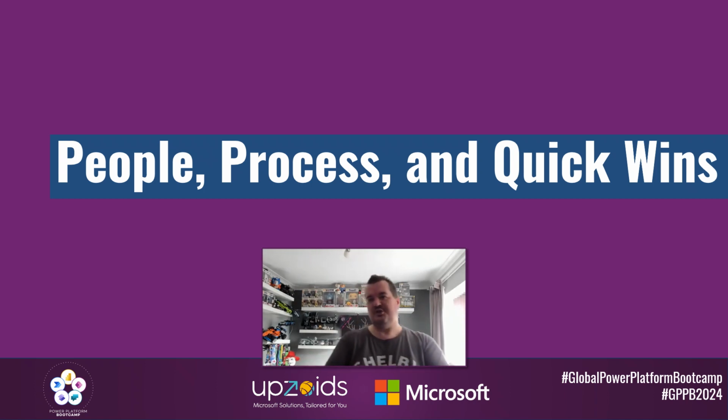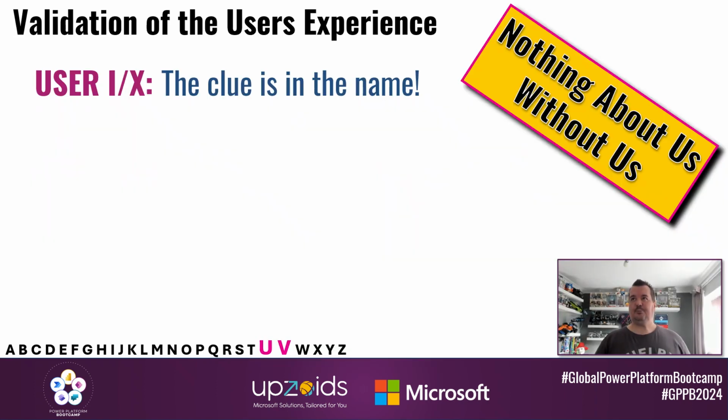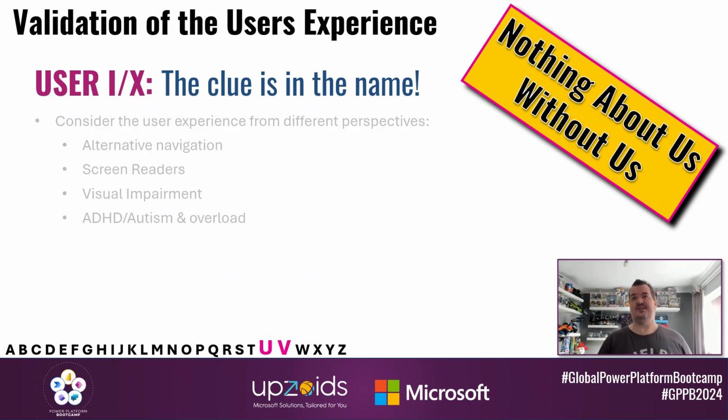So we're in the home stretch now and we're looking at the people and the processes and some quick wins. So user experience and validation of the same. The clue's in the name, users.